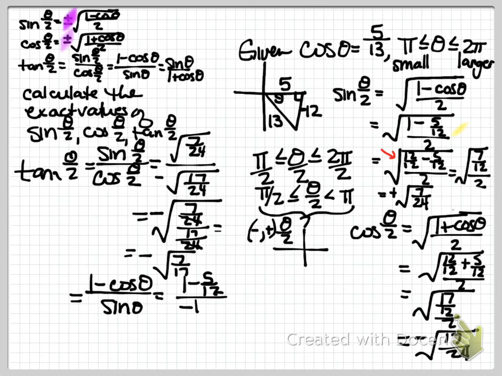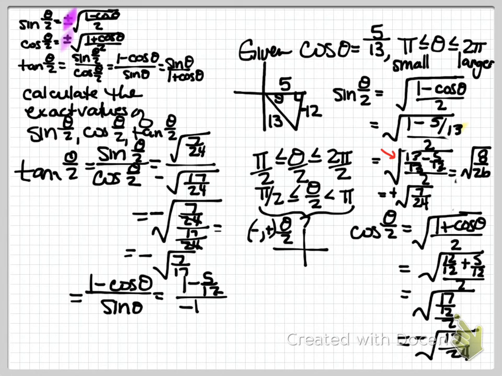So if we go back to the sine of our half angle, that 5 over 12 actually should have been a 5 over 13, which changes our 12 over 12 to a 13 over 13, which then changes the 7 to an 8 over 26.